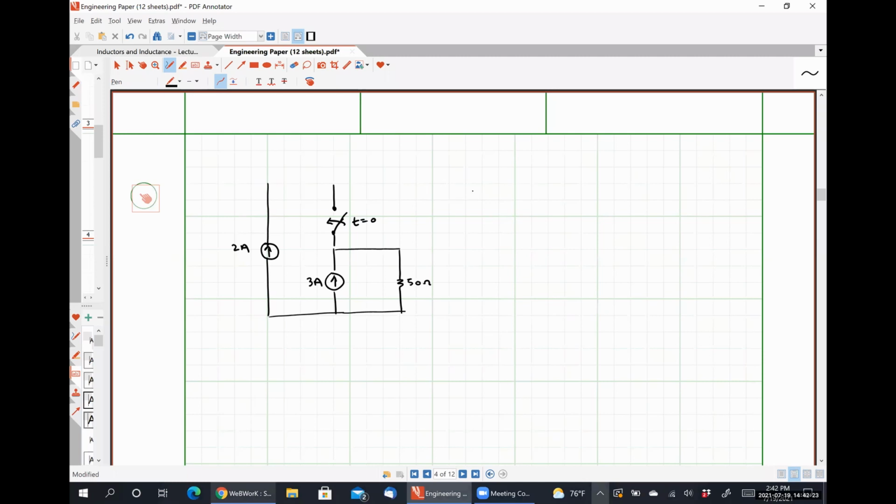Then over here, we have a 20 ohm resistor. And then over here, we have an inductor whose value is 0.1 Henry. That's a 5 ohm, not a 50 ohm resistor, by the way. Oh, thank you. All right, so this is our circuit.